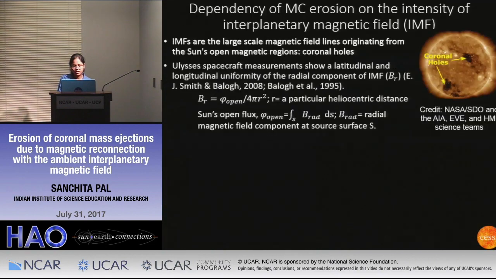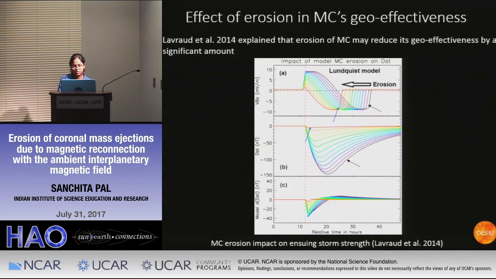Just one minute. Yeah, so here, for a non-eroded magnetic cloud, this black line, the Dst index is pretty high, and for an eroded magnetic cloud, the Dst index is very low. So if we don't consider the erosion of the magnetic cloud, then we can miss this part.